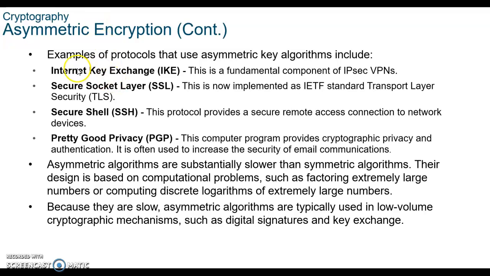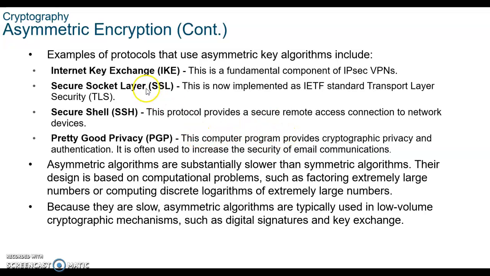Examples of asymmetric would be IKE, Secure Socket Layer, SSL. So this we've seen a lot. Of course, we're familiar with SSH and PGP. This computer program provides cryptographic privacy and authentication. It is often used to increase the security of email communications.